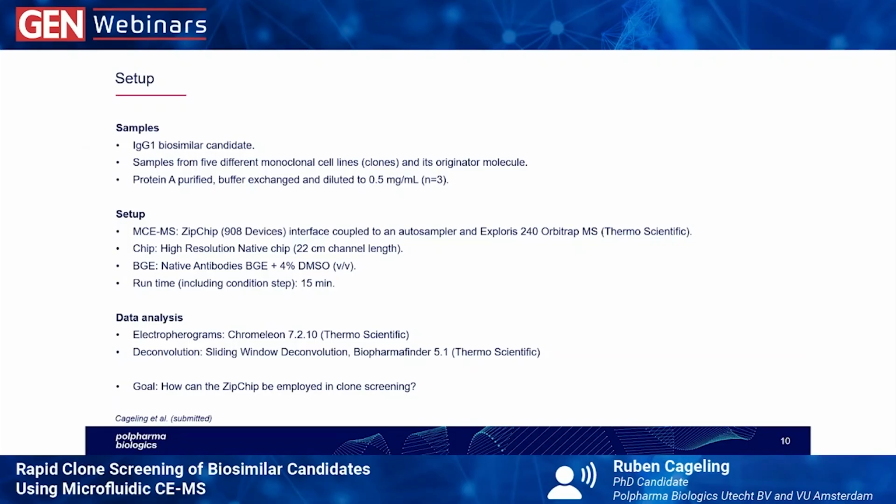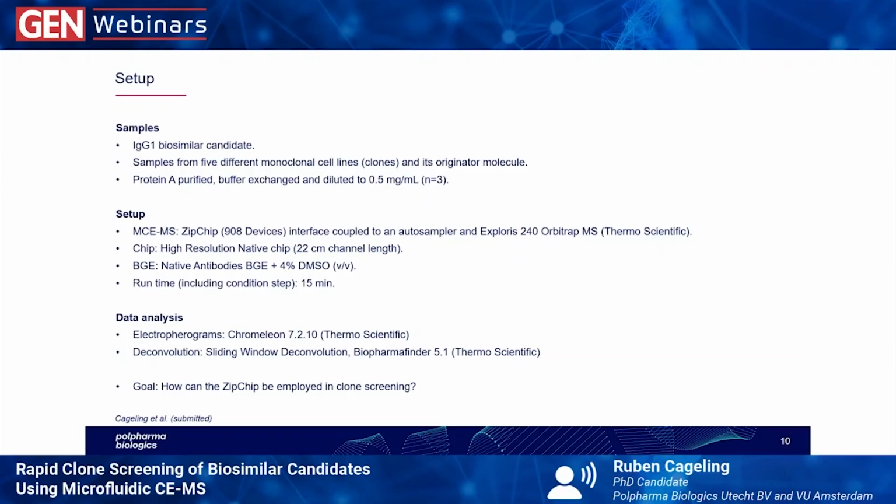As setup, we used the ZipChip interface coupled to an autosampler and to an Exploris 240 Orbitrap MS system from Thermo. We used the high-resolution native or HRN chip, which has the longest channel length to ensure better separation. As BGE, we used the native antibody BGE plus 4% DMSO to boost the signal.